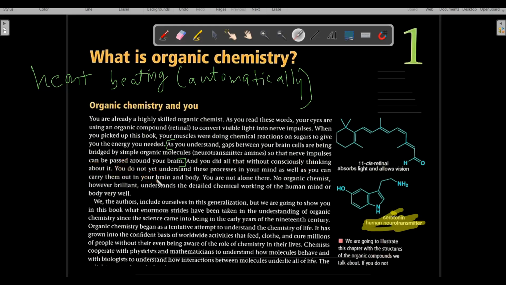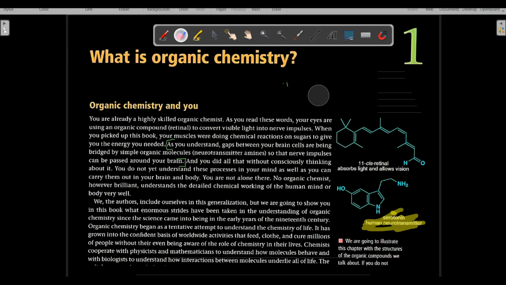You do not yet understand these processes in your mind, as well as you can carry them out in your brain and body. So what the author is trying to say is that these processes which are happening automatically in your body, you need not concentrate on those activities, those are happening automatically. So you are not consciously thinking about it. You do not understand the mechanisms of these processes, the mechanisms involved in the photochemistry of vision, or transferring the nerve impulses, or breaking down the sugar.